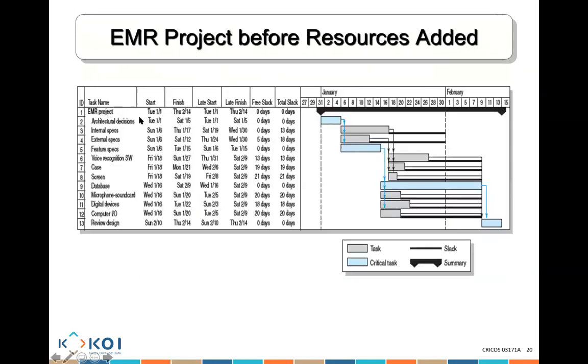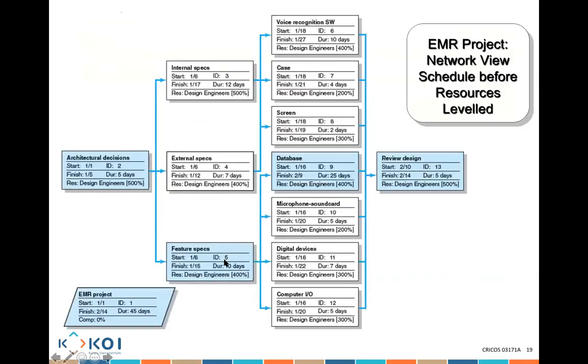I go back. I do 4 and 5 first. And then after I finish them, 5 will finish on the 15th of January. Can you see that? Which means 6, when can it start?